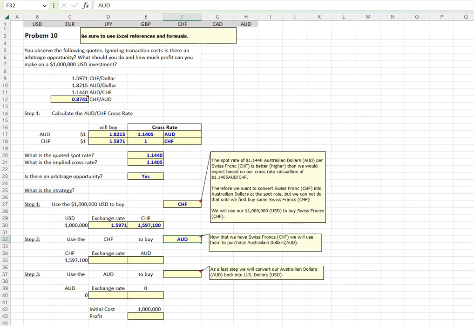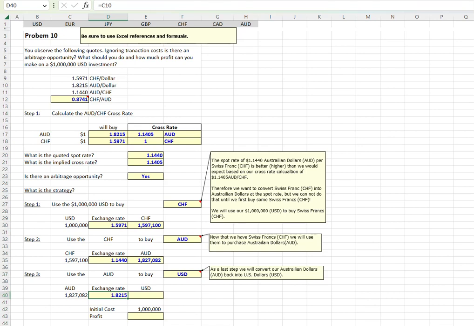Then we're going to use those Swiss francs to buy Australian dollars. And again, we're going to use the spot exchange rate of 1.1440, and we're going to convert those Swiss francs into 1,827,082 Australian dollars. Finally, we can use those Australian dollars to buy US dollars. And the exchange rate in the marketplace right now is 1.8215.